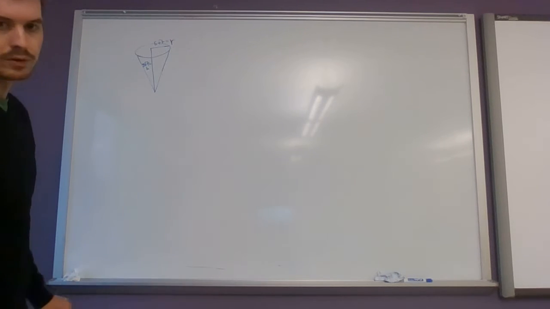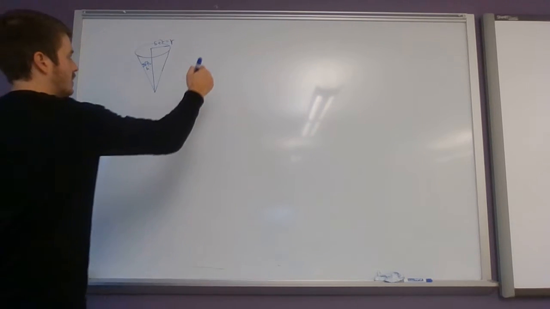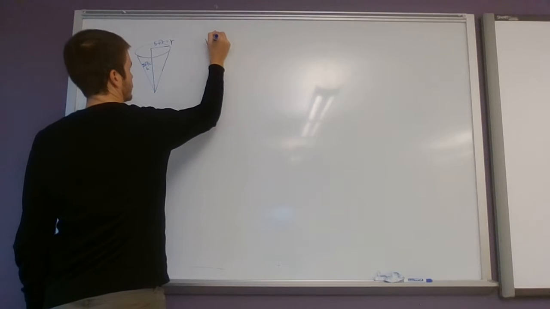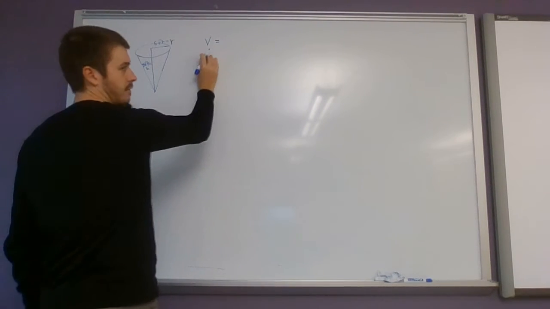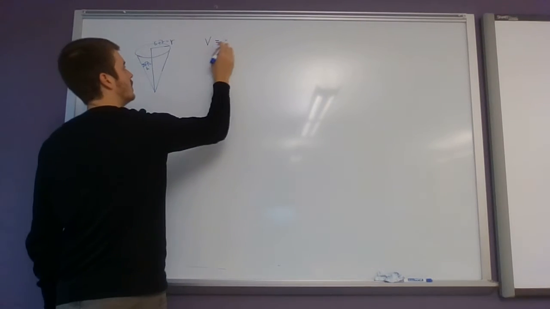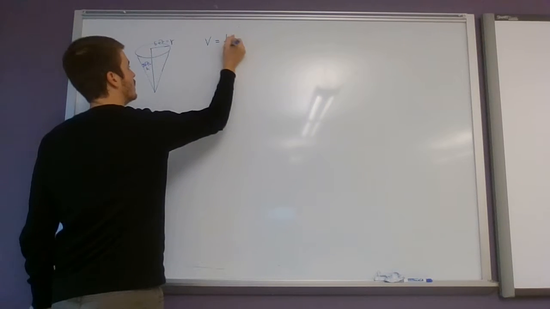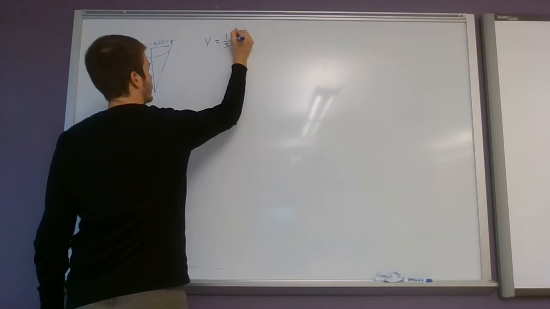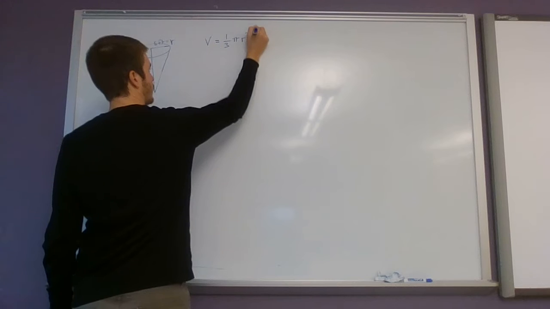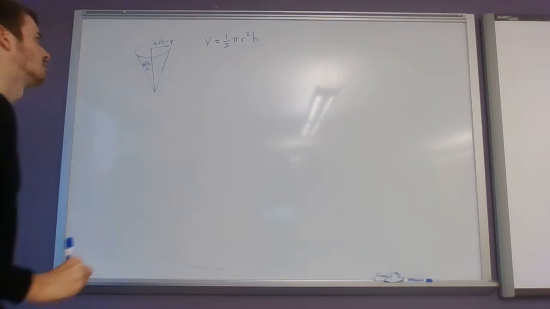All right, so we're going to have to set up a couple equations here. First, we're going to have the volume of a cone, which is 1/3 pi radius squared h.